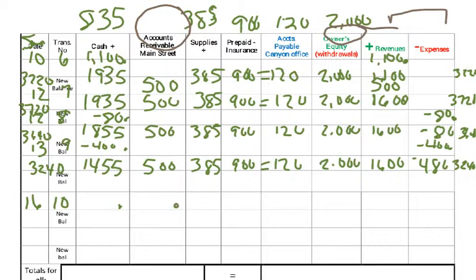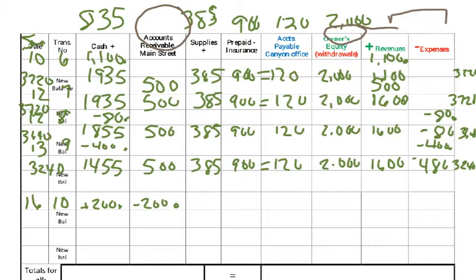Main Street. Exactly. They paid part of their bill. Okay? So you're going to receive cash. If you receive cash in, is it a plus or a minus? Perfect. It's a plus. Now, accounts receivable. Do they owe the total 500 anymore if they've paid 200 on it? No. So you subtract the 200.